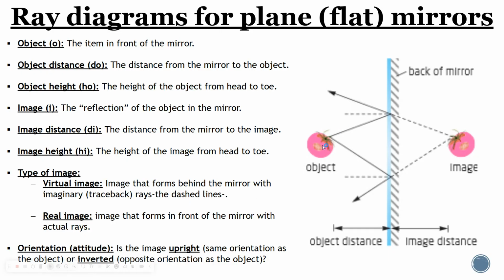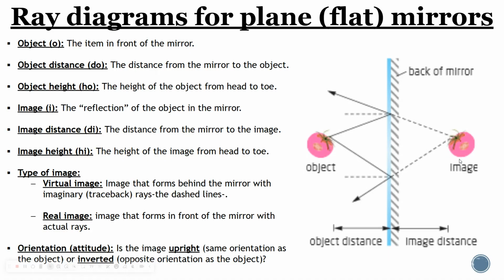And then there's also what's called orientation or attitude. That's basically, is the image upright or inverted? So think of it this way. This is the top of the tomato here. This is the bottom. The top is still facing up, and the bottom is still facing down. So this is upright. If the image was such that the top was now facing down, that would be inverted.